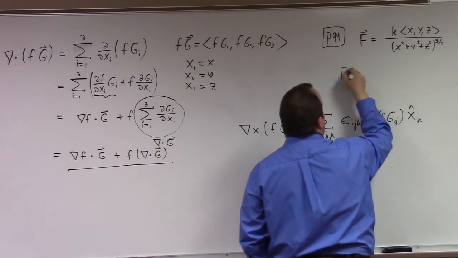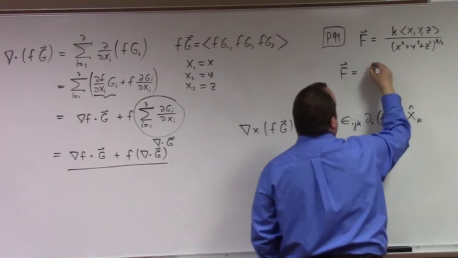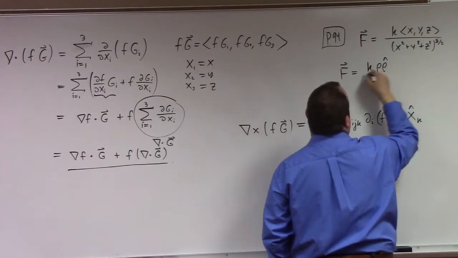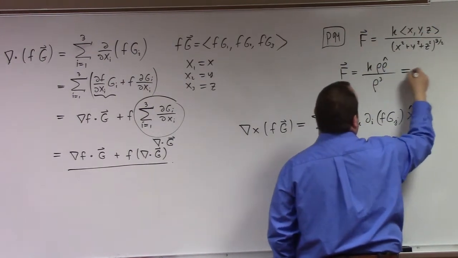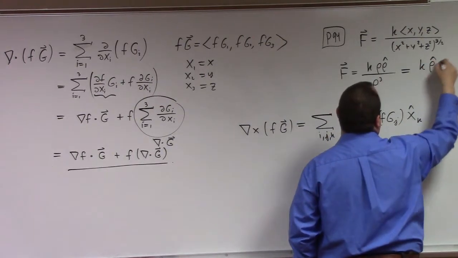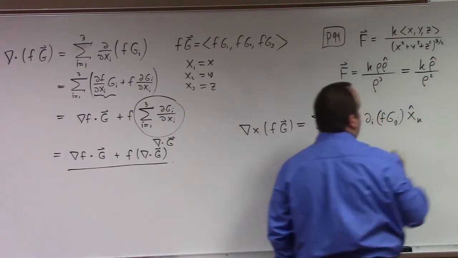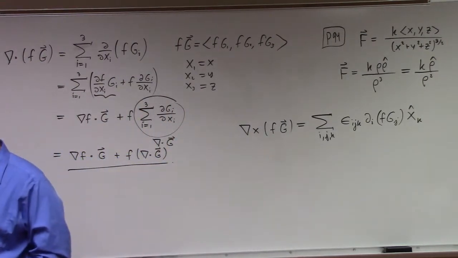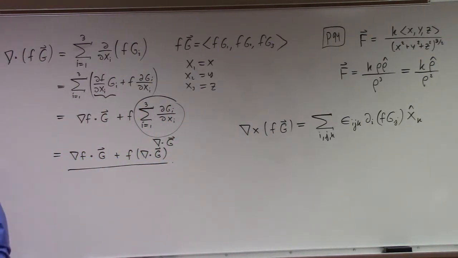So what you're looking at is F equals, this up here is what? This is k rho hat divided by rho cubed. So in spherical coordinates, this is just k rho hat over rho squared, where you can explicitly see the magnitude is k over rho squared, which is to say that it's the inverse square law. But this is useless unless we actually have the formula for curl and divergence in spherical coordinates, right?